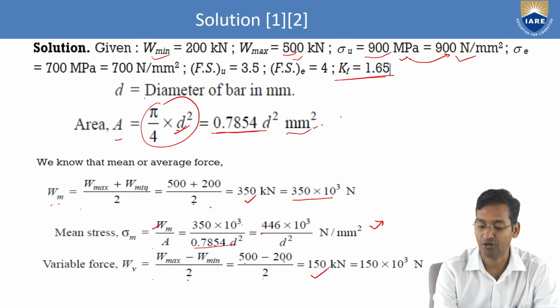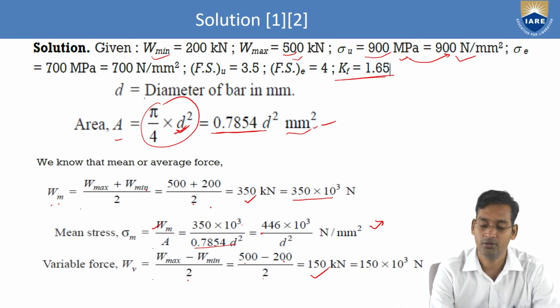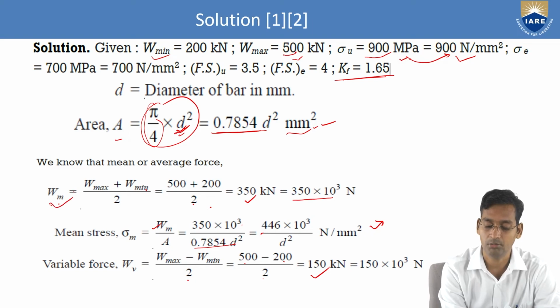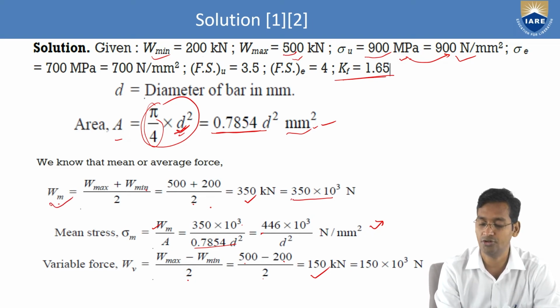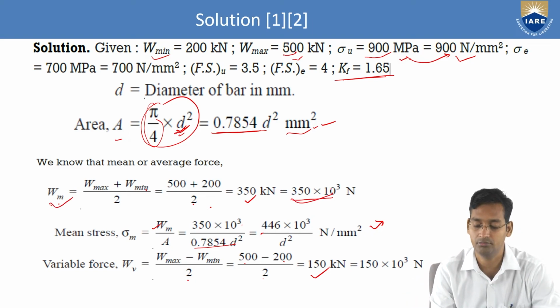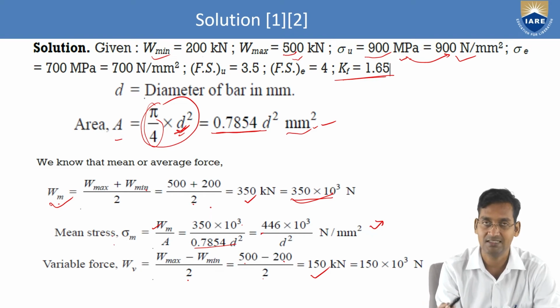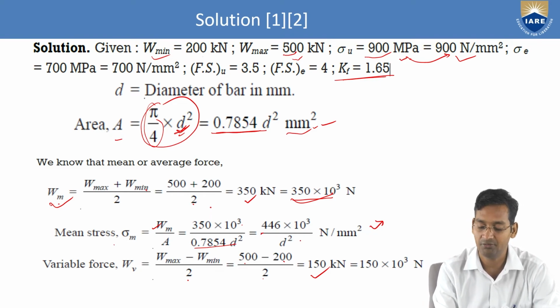Area we have to find, right? From area only we will get d square. Pi by 4 d square is the formula for area. We found W mean, right? W mean we got 350 into 10 to the power 3 Newton. Mean stress is W mean by A. That will give you 446 into 10 to the power 3 by d square, because A we already found.